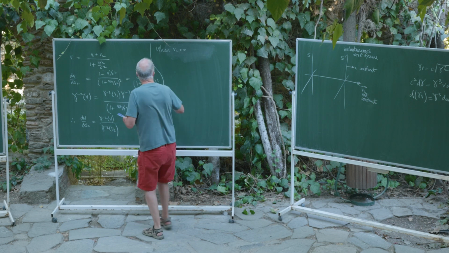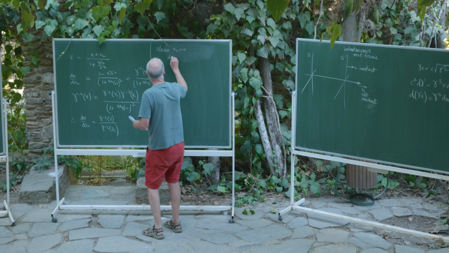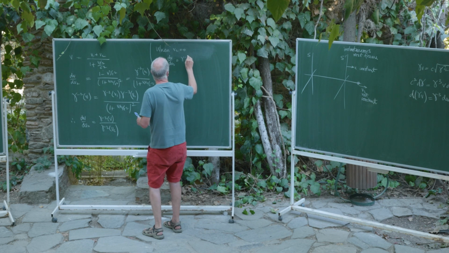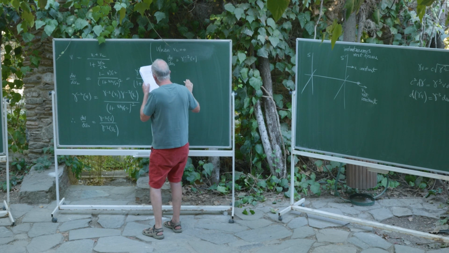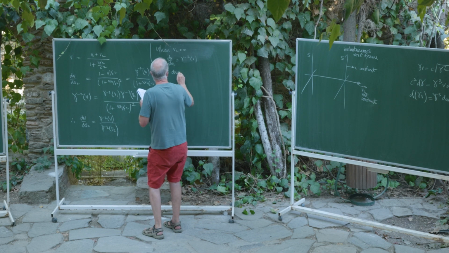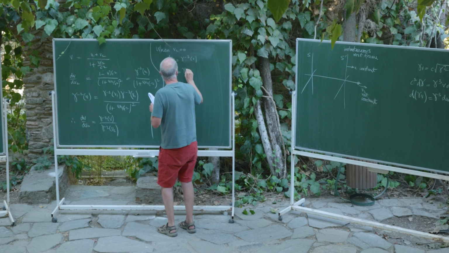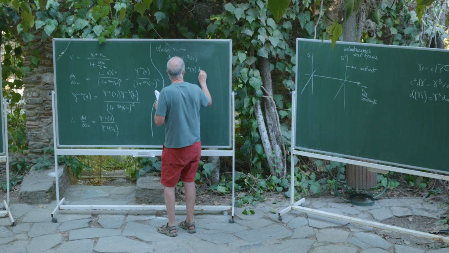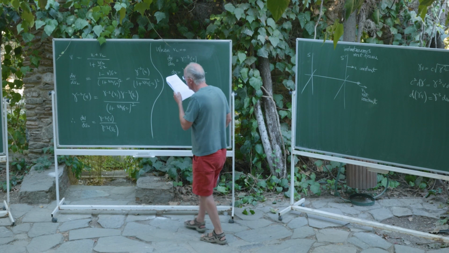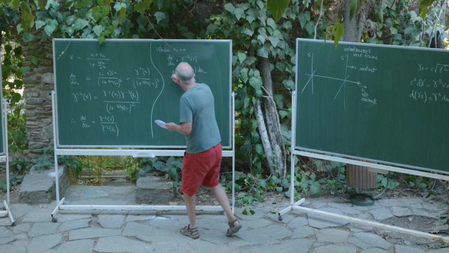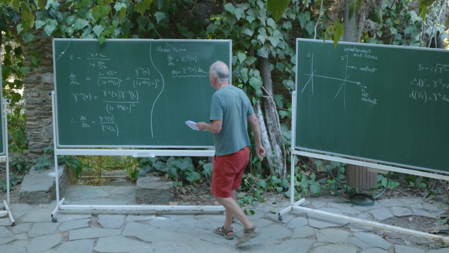Okay, and so this expression becomes dv2 is gamma to the minus 2 of v, or in other words, dv is gamma to the minus 2 of v times dv2. Good. We'll come back to that in a moment.